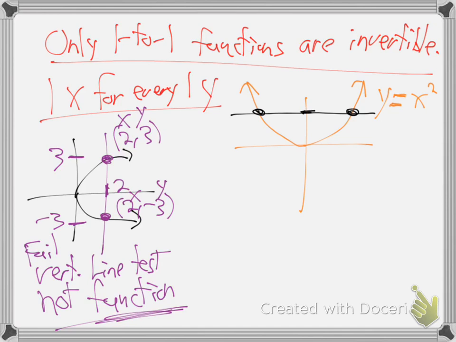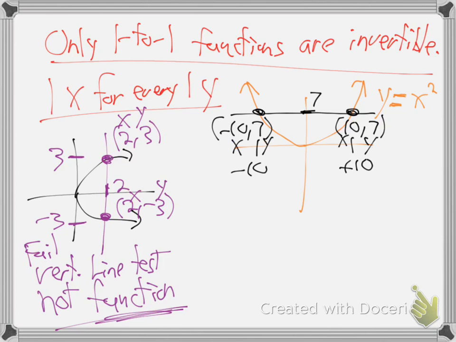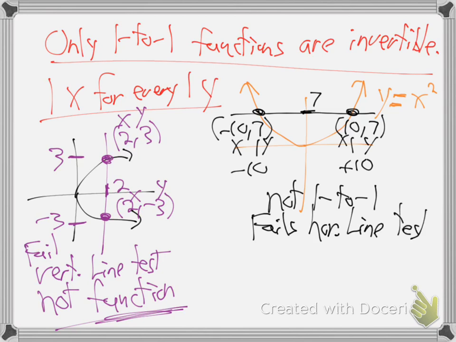At some height, let's say 7, this is back 10 and over 10. So at back 10 up 7, and at over 10 up 7, that's 2 different x's going with the same y. 2 x's at the same height. So that's not one-to-one, because it fails the horizontal line test.